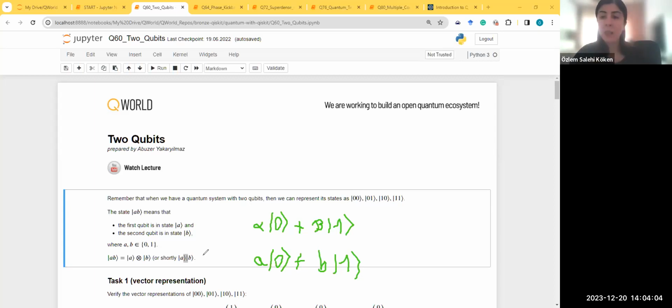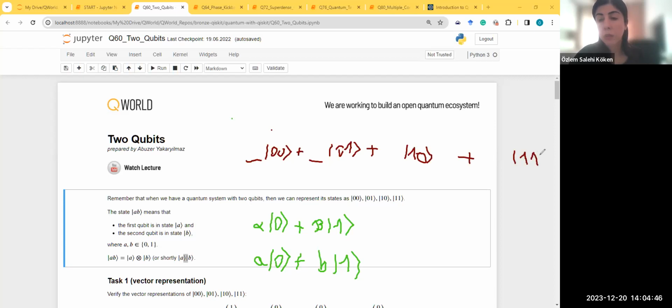And in such a case, the combined state of the two qubits again will be really similar to what we did for classical systems. We will take the tensor product. And then we have 00, with some amplitude here, plus 01, plus 10, plus 11.